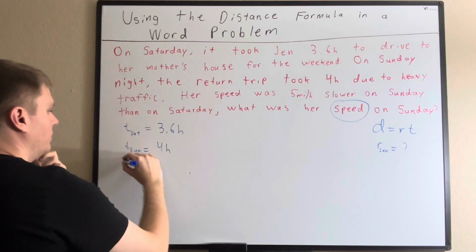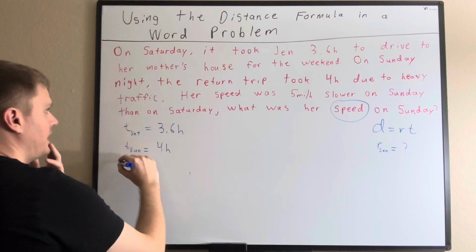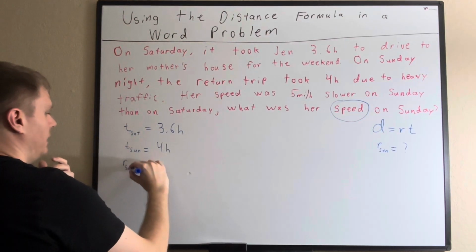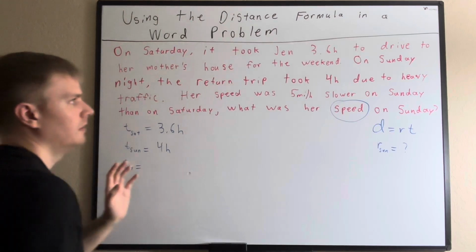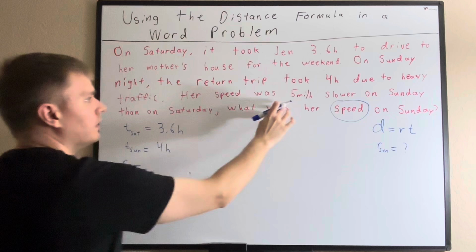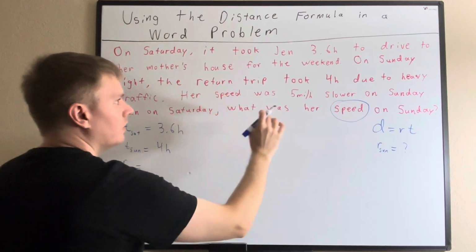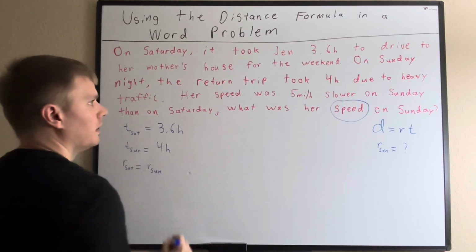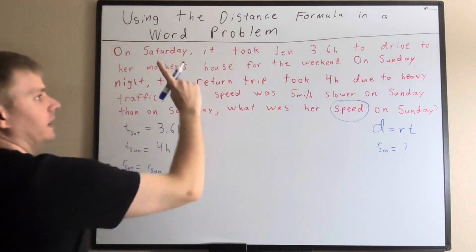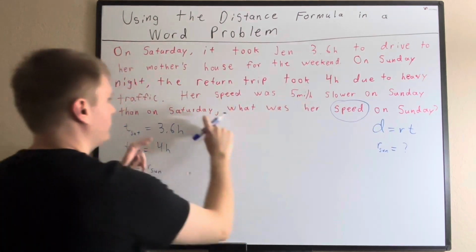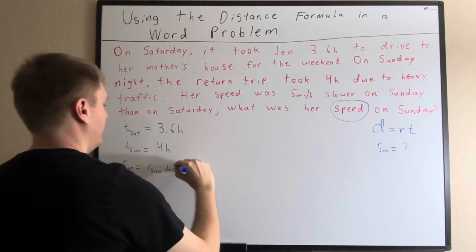So the rate of speed on Saturday would be whatever the speed was on Sunday plus 5, because it was slower on Sunday and faster on Saturday.